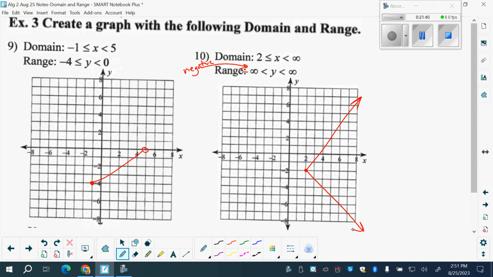Okay, go ahead and do the Try. Is this right?